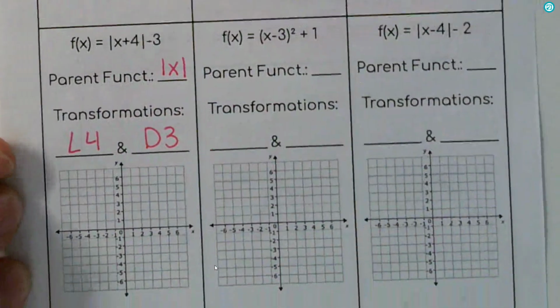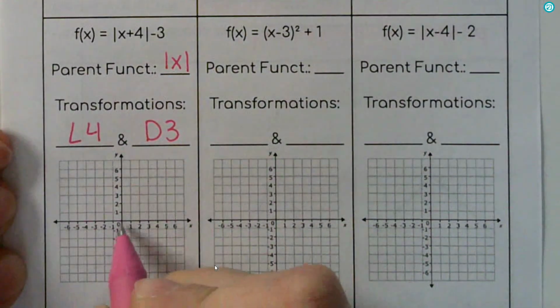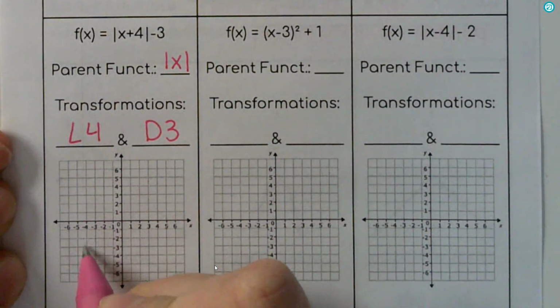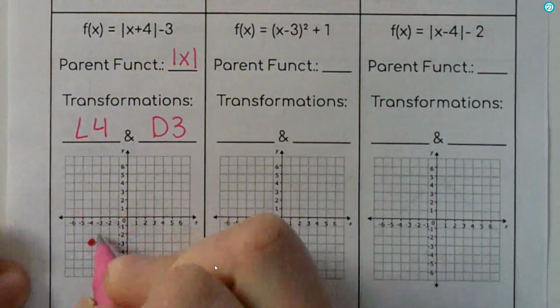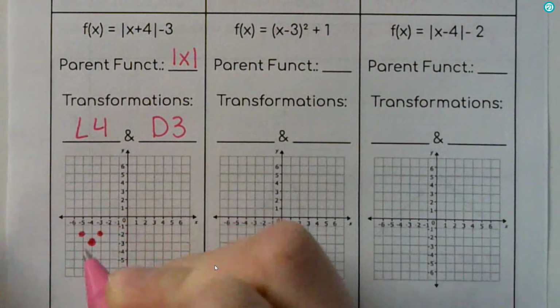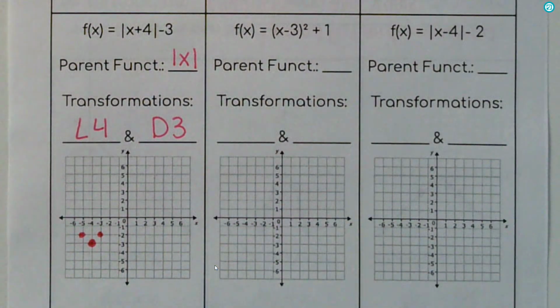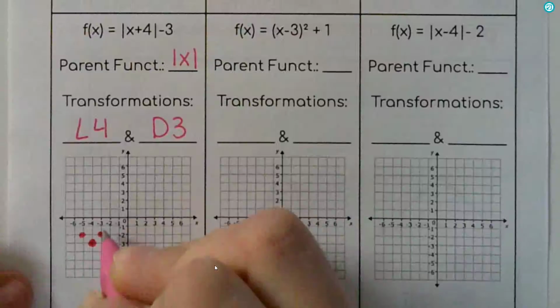So we can graph that one. Left 4, down 3, put a dot. And then from there, we're doing the exact same shape. So we're going to go up 1, out 1 on each side, and then go up another 1, out 1 on each side.